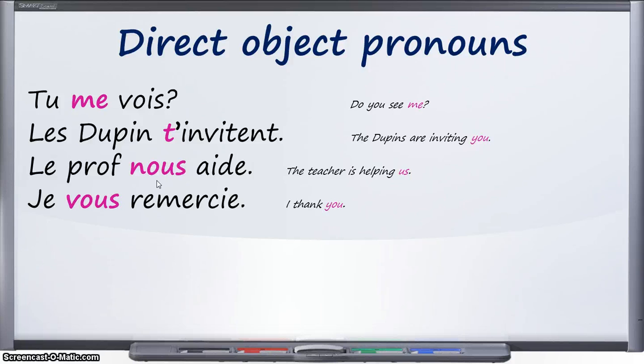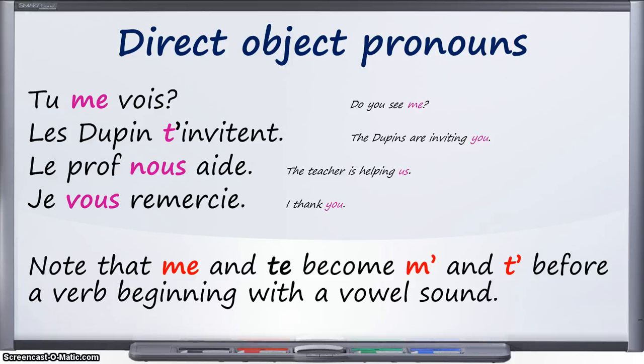But it's very important that you know that me and te become m apostrophe and t apostrophe if the verb begins with a vowel sound.